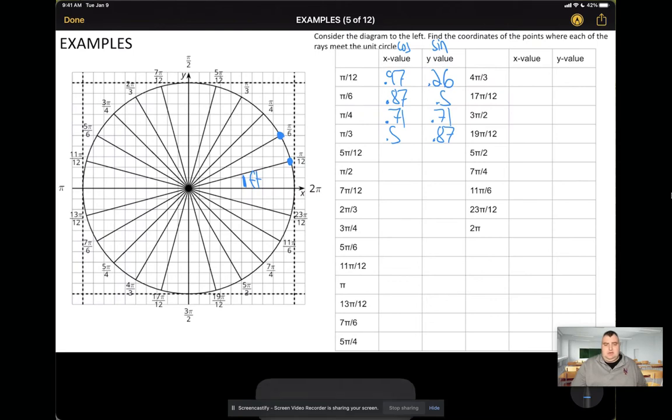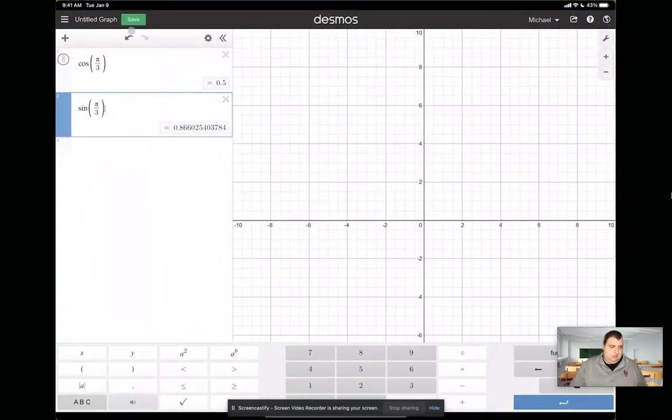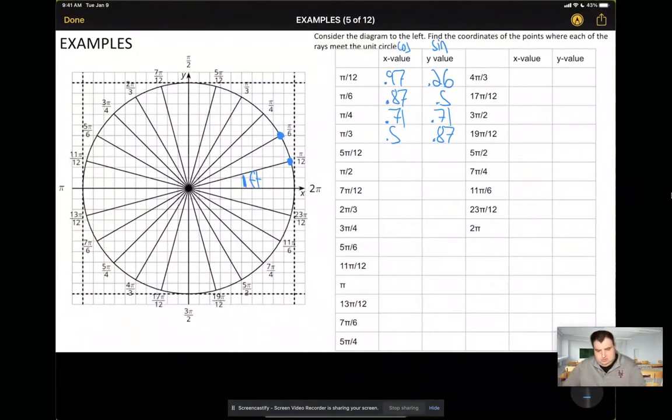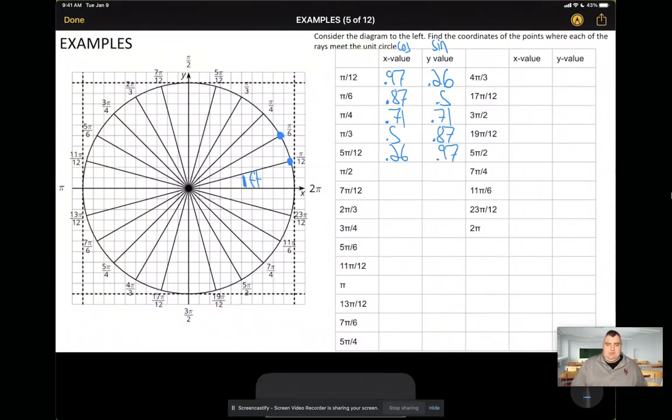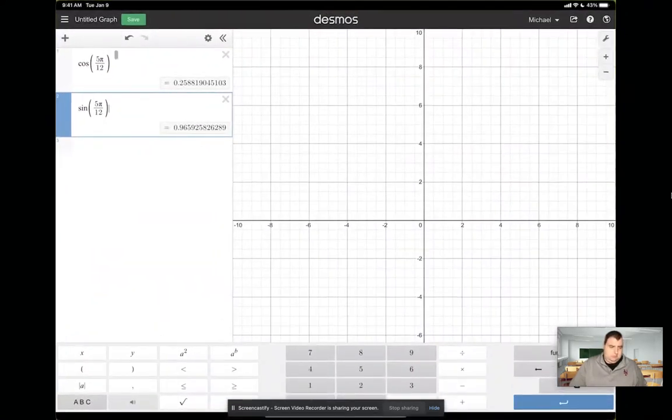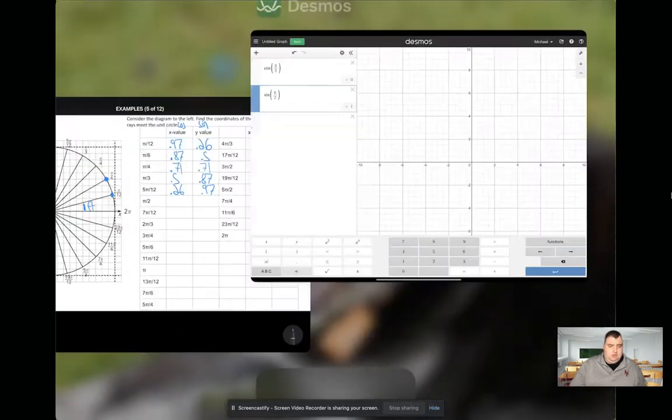Next we have 5 pi over 12. So that'll be 0.26 and 0.97. And then pi over 2. So it'd be 0 and 1.